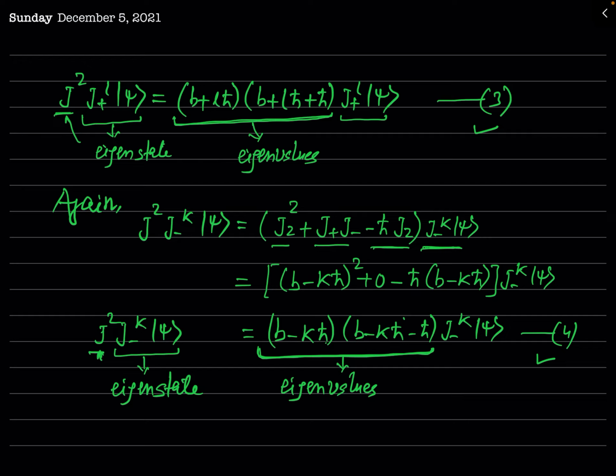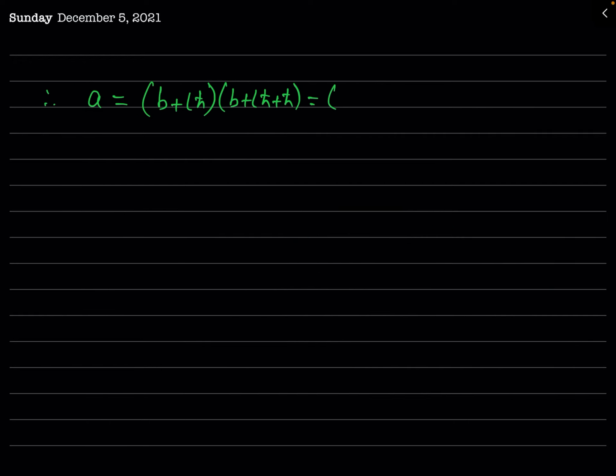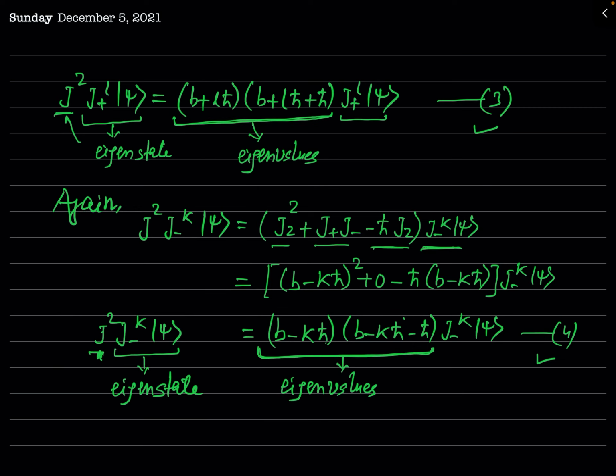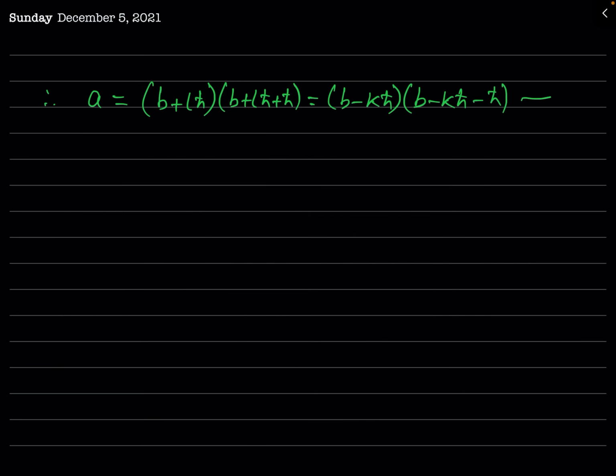See here, this is (b − kħ) times (b − kħ − ħ), and say this is equation 5.